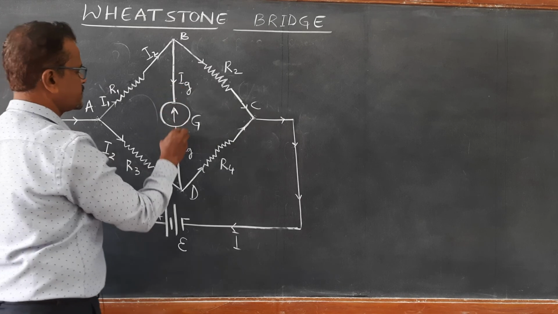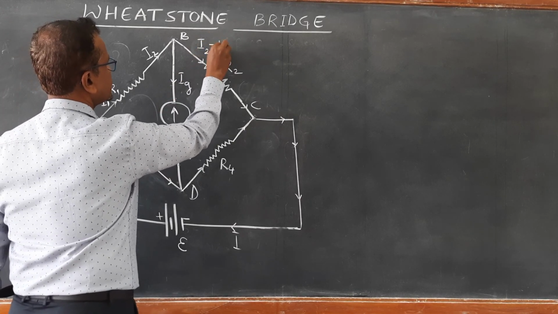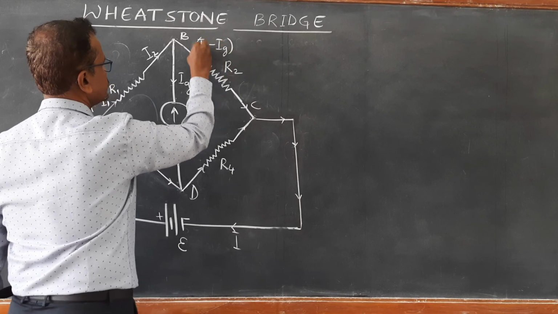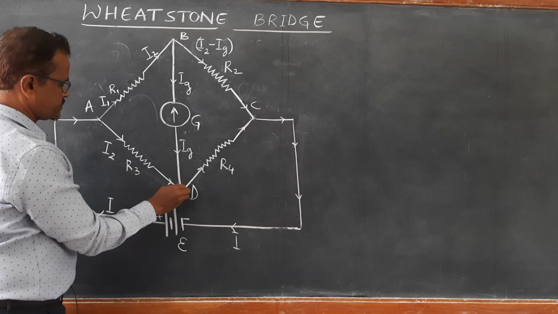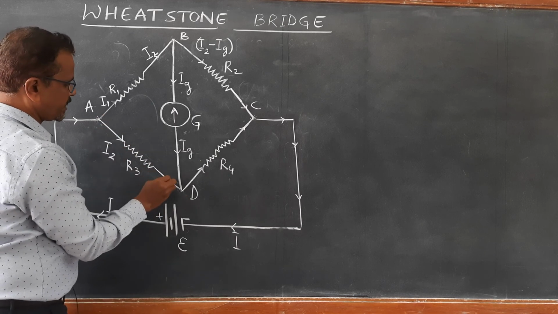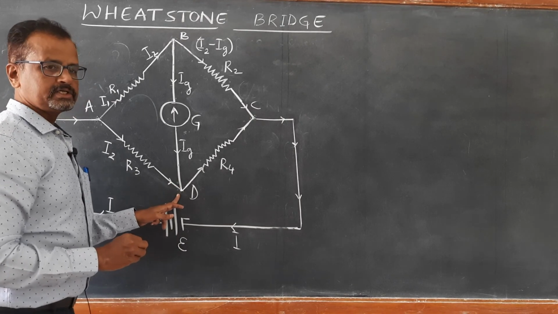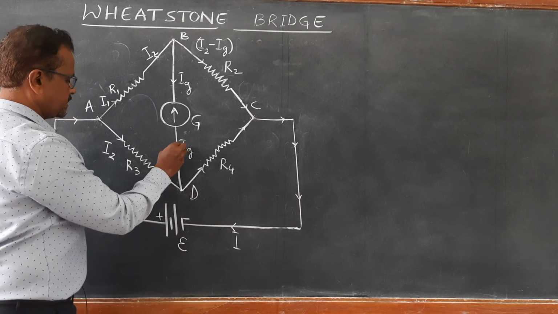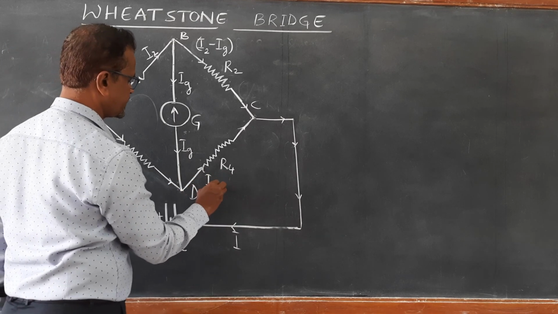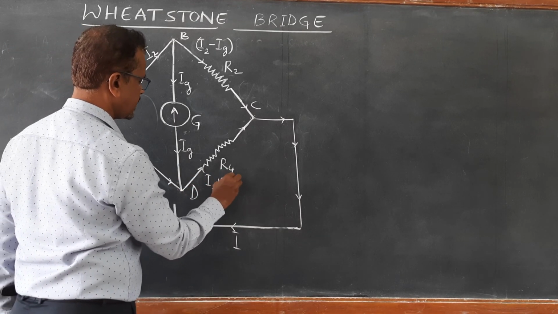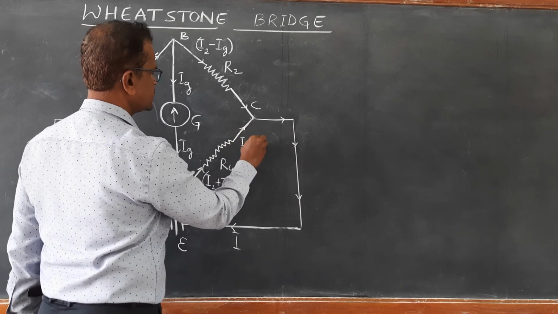If IG flows down here, the remaining current I1 minus IG flows through BC. At junction D, I2 joins with IG, and the current becomes I2 plus IG.